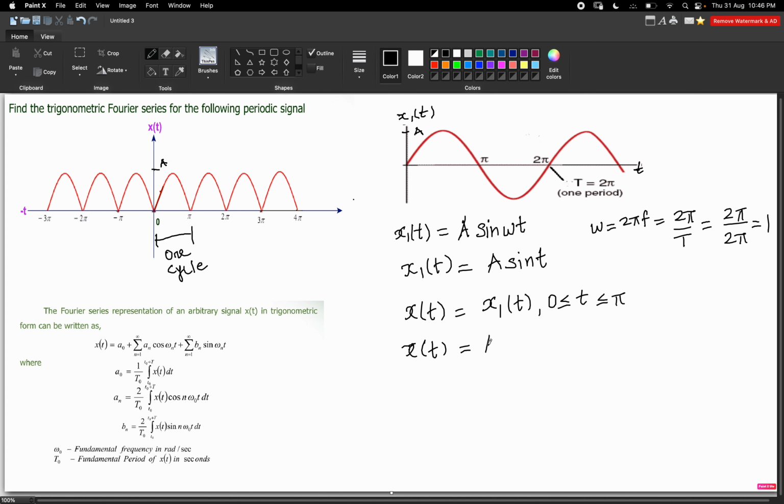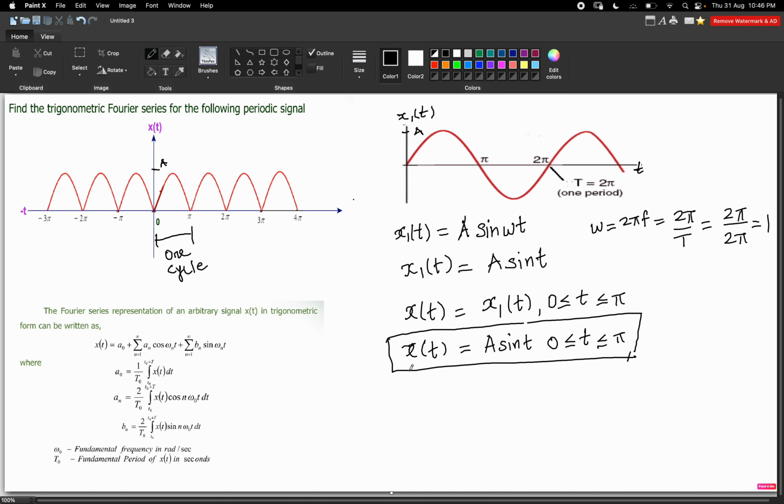So x of t equal to A sin t for t greater than 0 and lesser than or equal to pi. So this is the required x of t for finding the trigonometric Fourier series of the given full wave rectifier output.